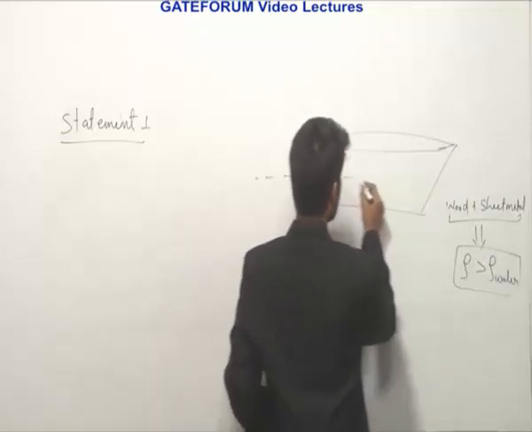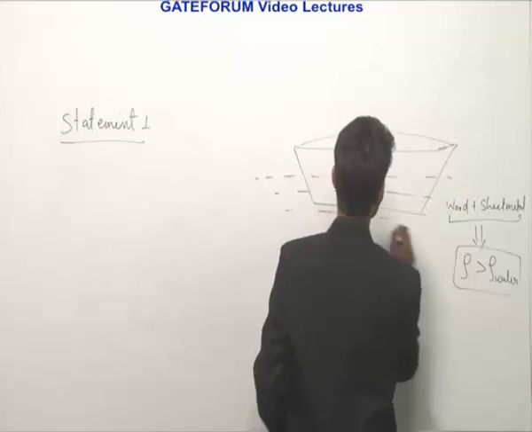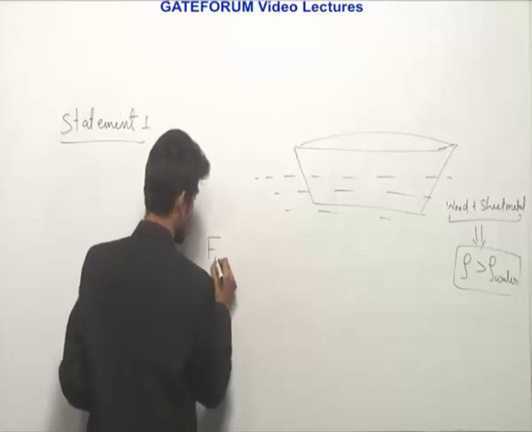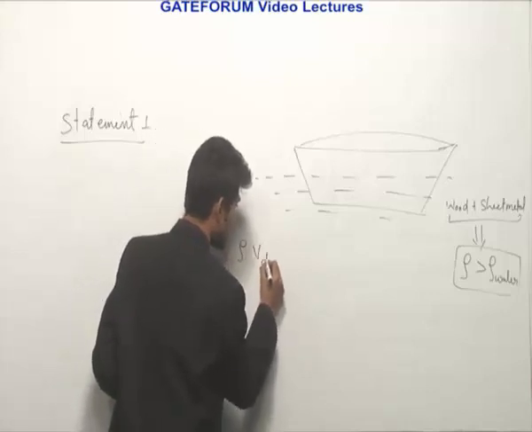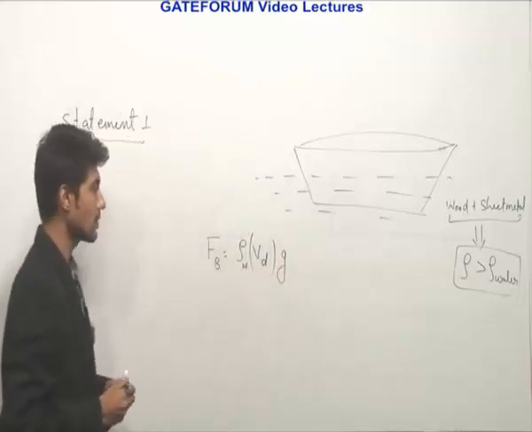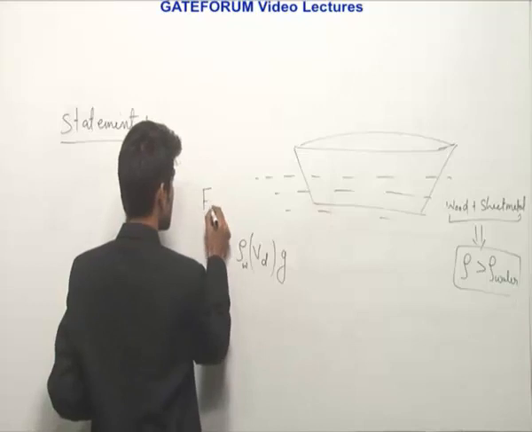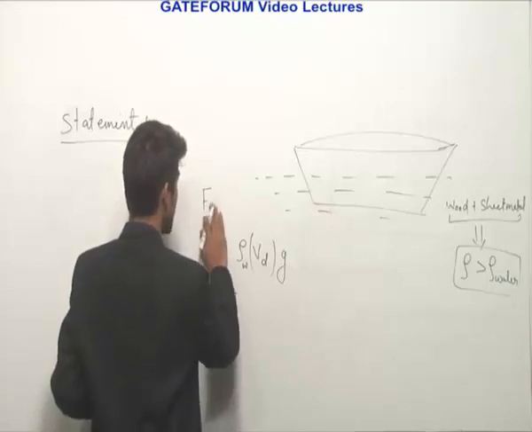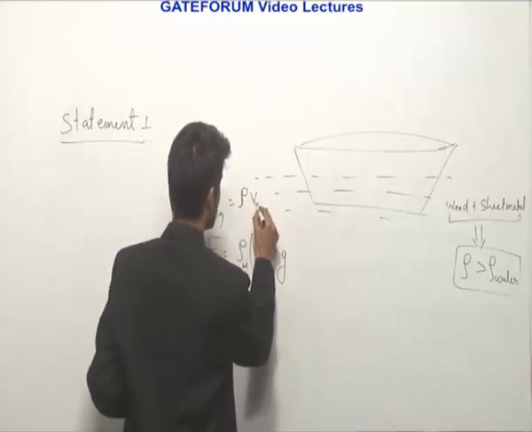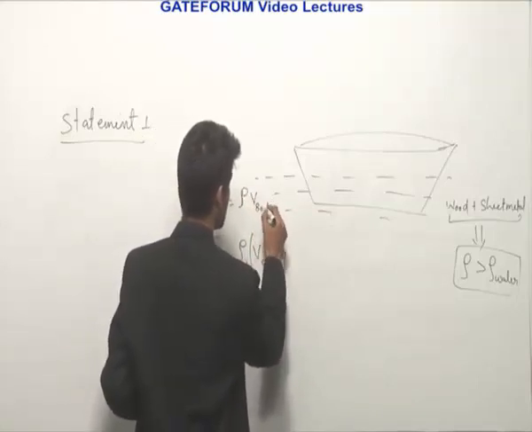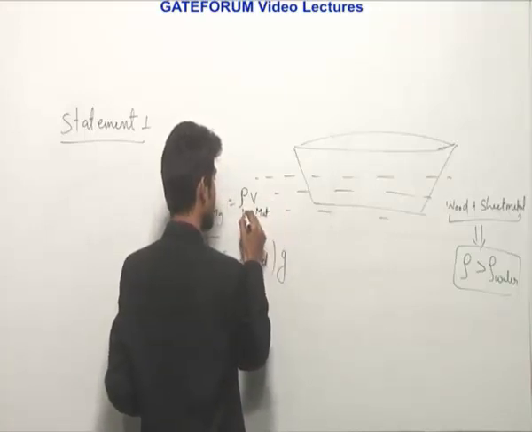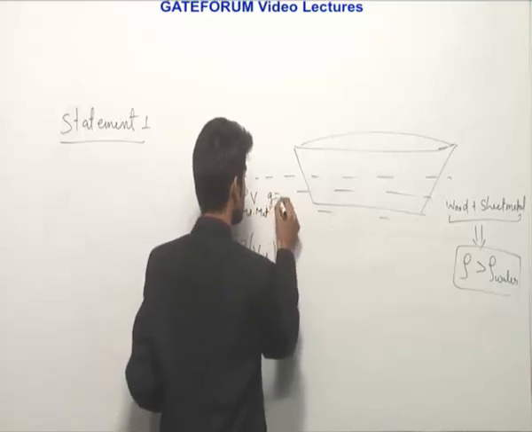But whenever we put this boat in such a way that its hollow part is upward, the buoyant force formula is rho into volume displaced into g, with rho of water. And if this force is equal to the force mg of the boat, that is equal to rho of material into volume of boat material only, into g.